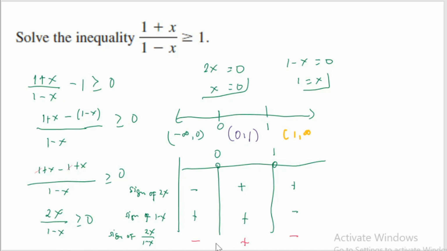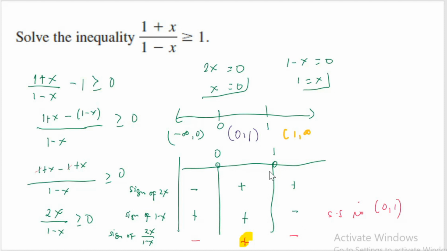Now we determine which interval satisfies the given inequality, which is greater than or equal to 0, so we want positive. Meaning the solution set is 0 to 1. From the diagram, the inequality is satisfied on the interval from 0 to 1.